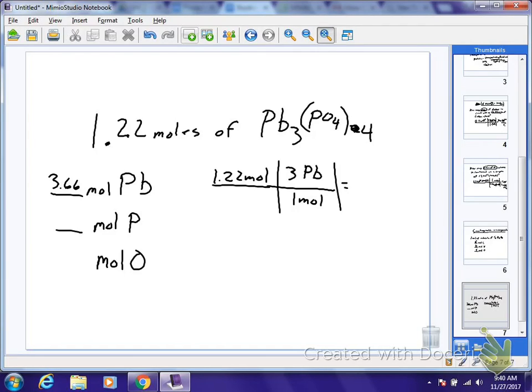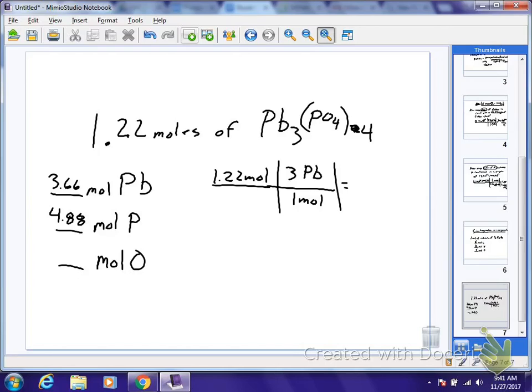4.88. Yeah, first thing you need to do before you multiply by 1.22 is to figure out how many phosphorus you have. So this 4 multiplies through everything in there. So I got 4 P's. So 4 times 1.22 would be 4.88.